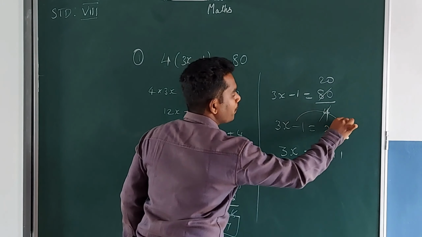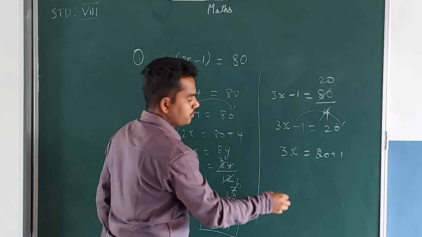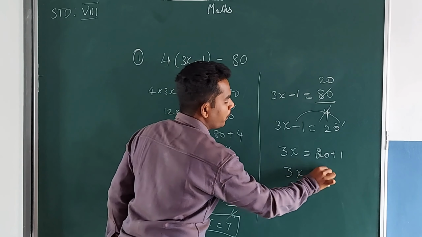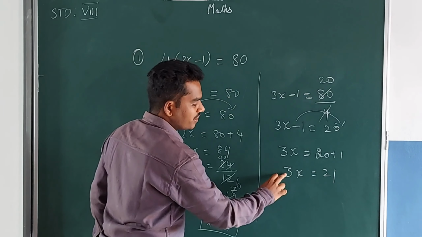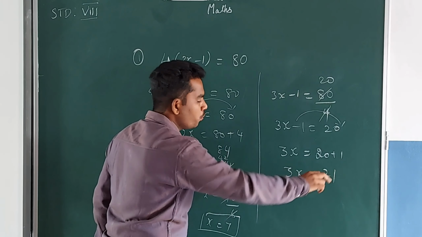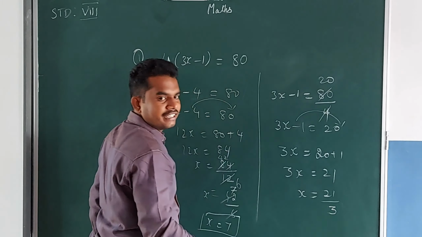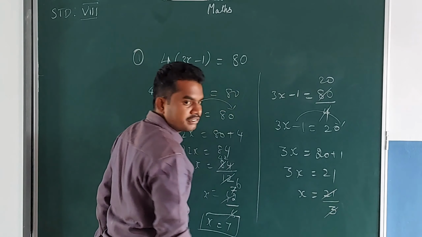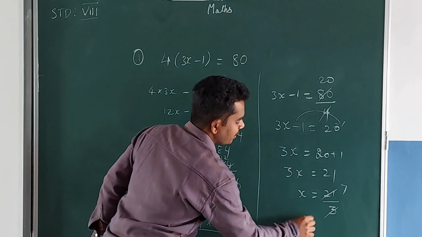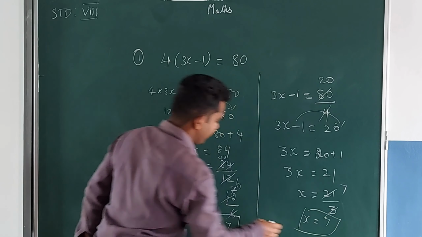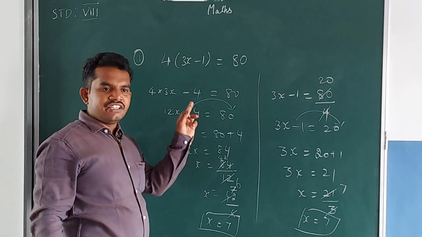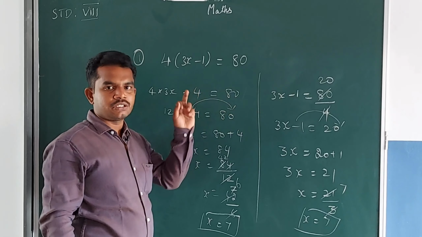The minus 1 goes to plus 1, 20 plus 1, 21. 3x equal to 21. So here 3 is in the multiplication, 3 goes to divide, x equal to 21 divided by 3. In 3 table 21 how many times? 7 times. Same answer. Which one is suitable for you, you select.